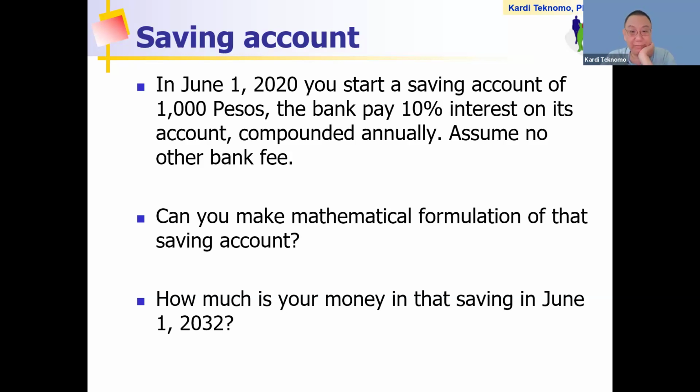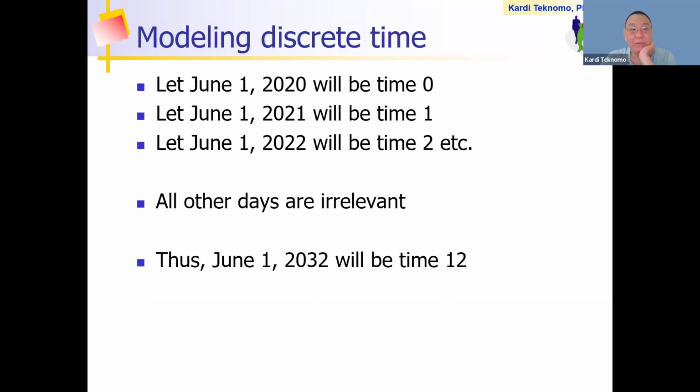So in this case, let's make a discrete time. Because we use the same date, June 1, 2020 will be time 0, and then June 1, 2021 will be time 1.